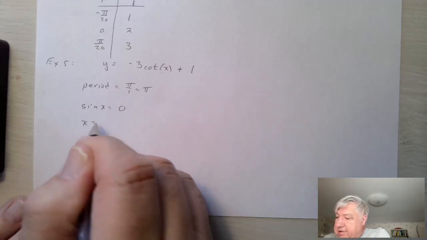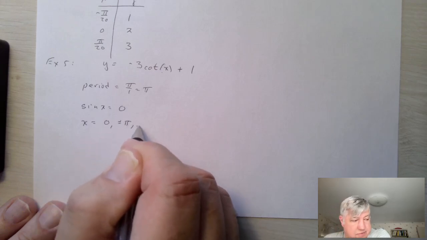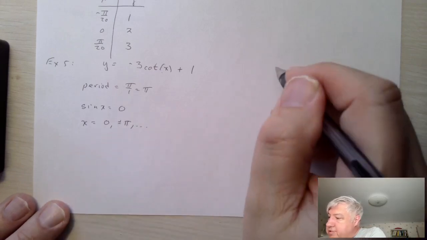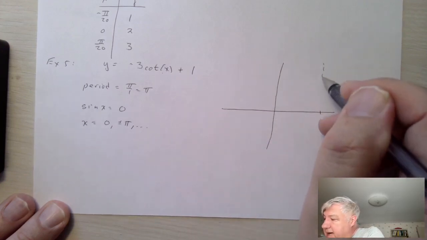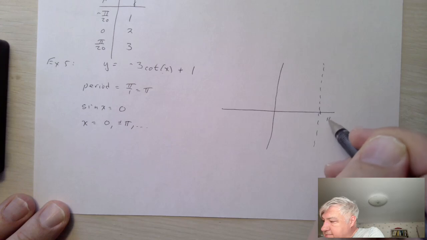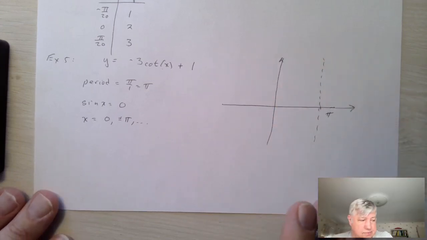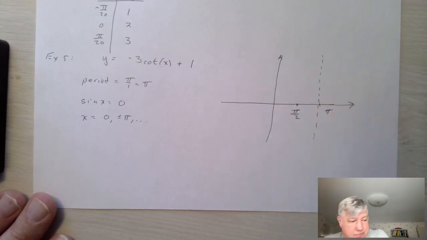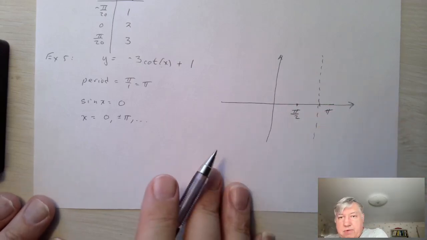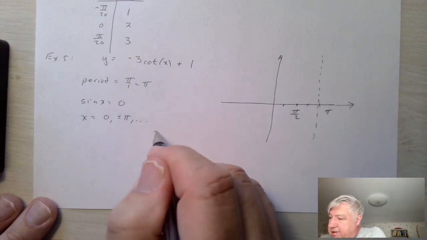So that means x is going to be 0 plus or minus pi, and so on. Okay, so we can take our vertical asymptotes to be 0 and pi. And halfway between this is pi over 2. So this would be pi over 4, and this would be 3 pi over 4.